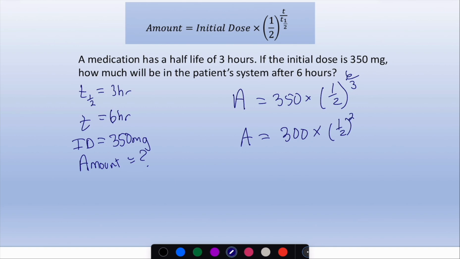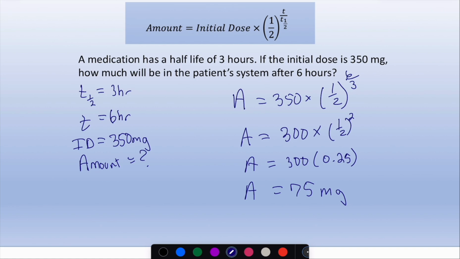And you're going to do 1/2 to the second power, which is 0.25, 1/4. And then 350 times 0.25 is 75 milligrams. So the patient will have 75 milligrams left in their body after 6 hours.